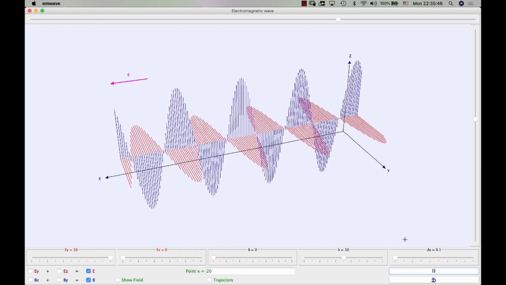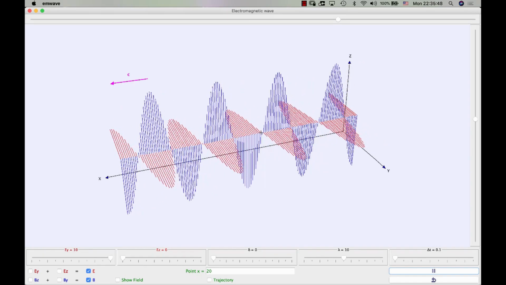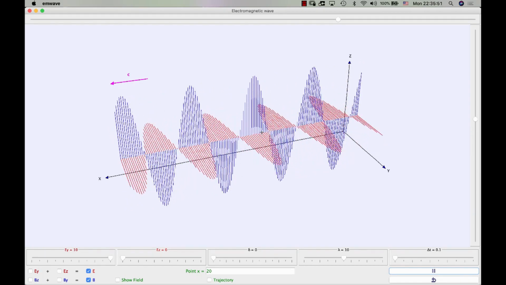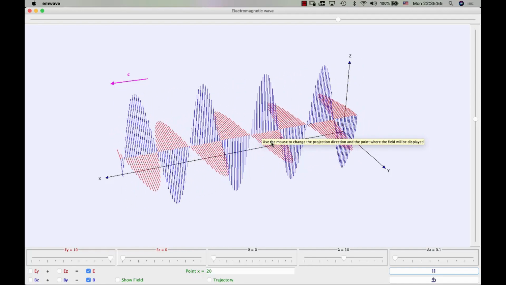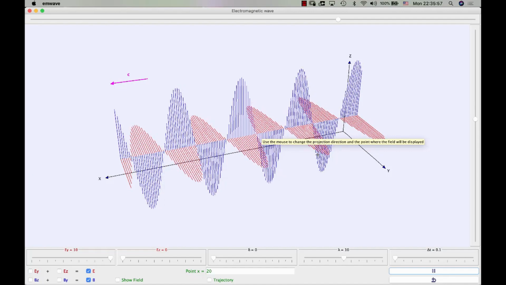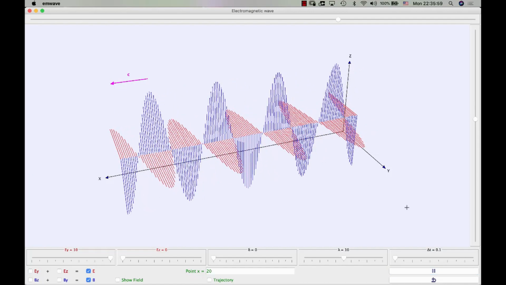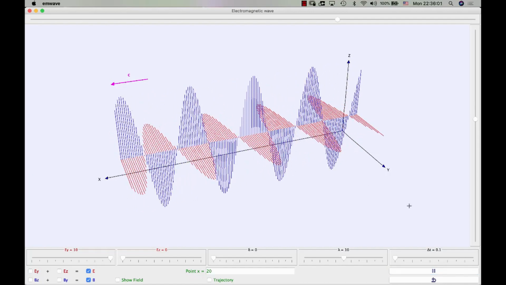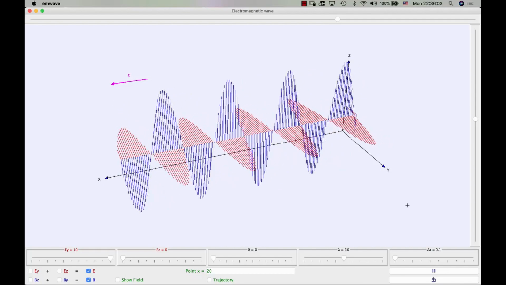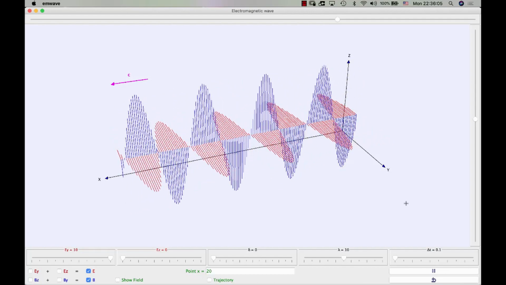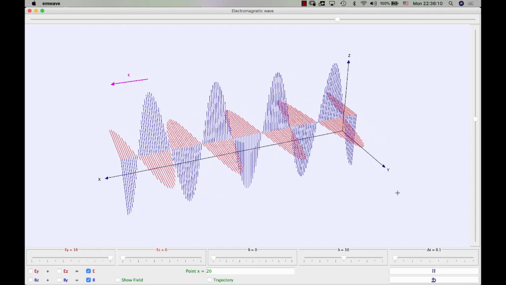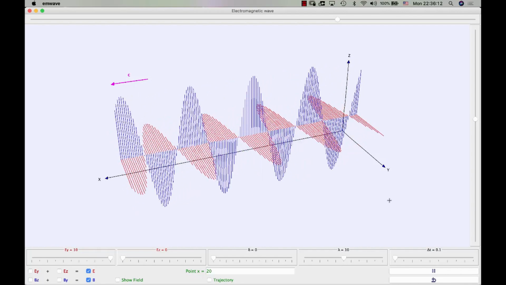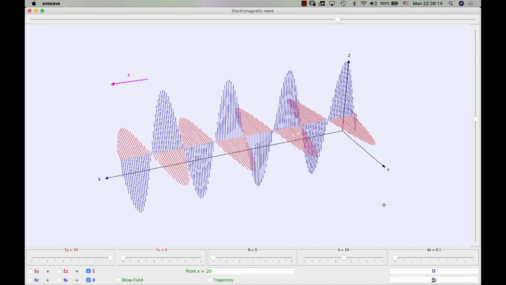But as we let it run, if we look at any particular location, we can see that we have a time-varying electric field, and at right angles to it, a time-varying magnetic field. Now that time-varying magnetic field in turn induces a time-varying electric field, again at right angles to it. And there is a definite way these things get oriented.